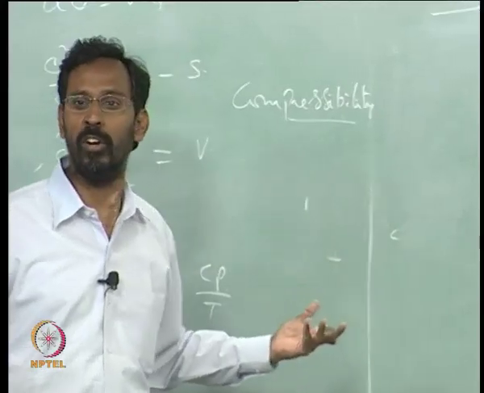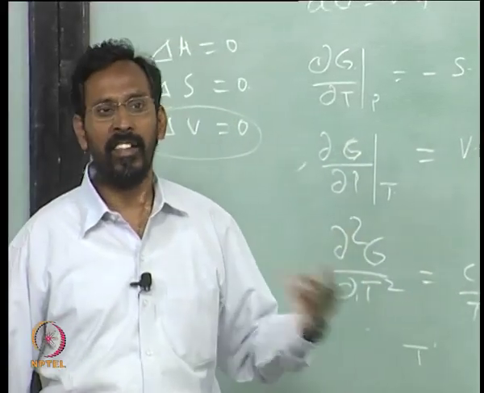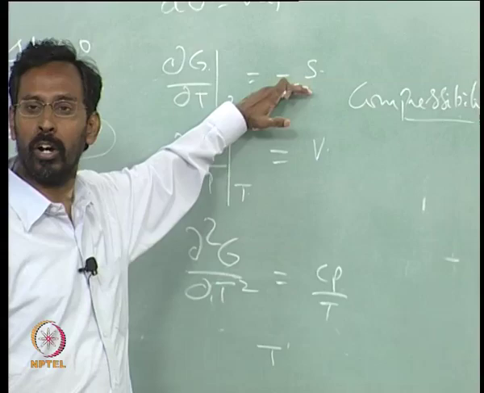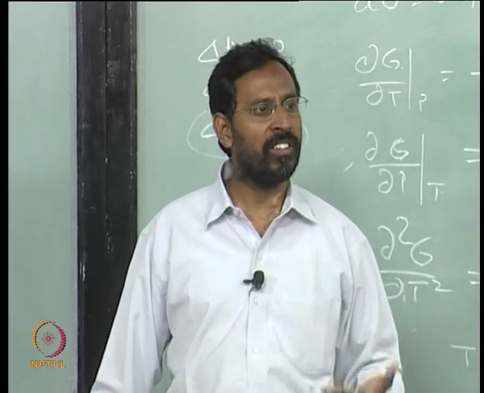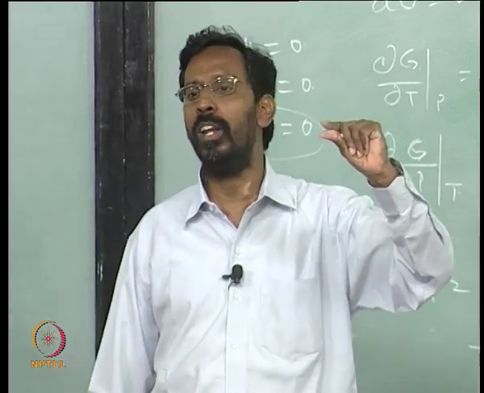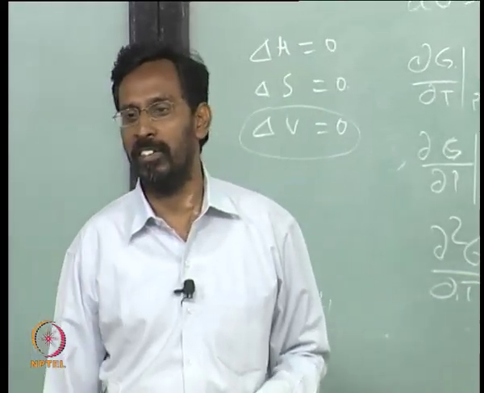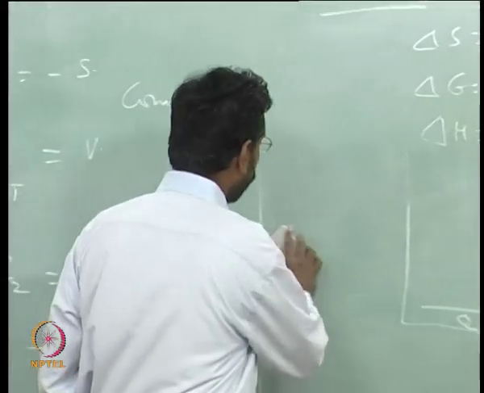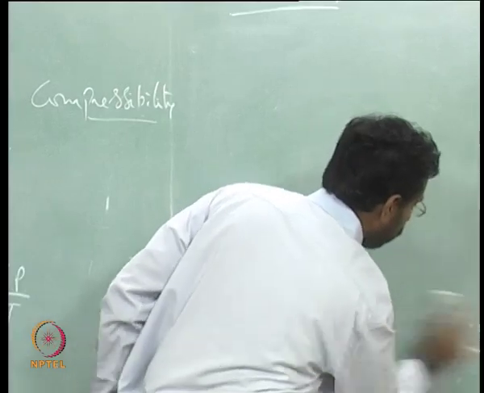Similarly, when we say there is a delta H, or a discontinuity in the H when we are talking about first order transition, the discontinuity can be very very small. For example, solid to solid transformation is still first order. The FCC to BCC transformation of pure iron is also a first order transition, but delta H is very small. So it depends on how sensitive your instrument is. We are not talking about the quantity, but only about the possibility of discontinuity.